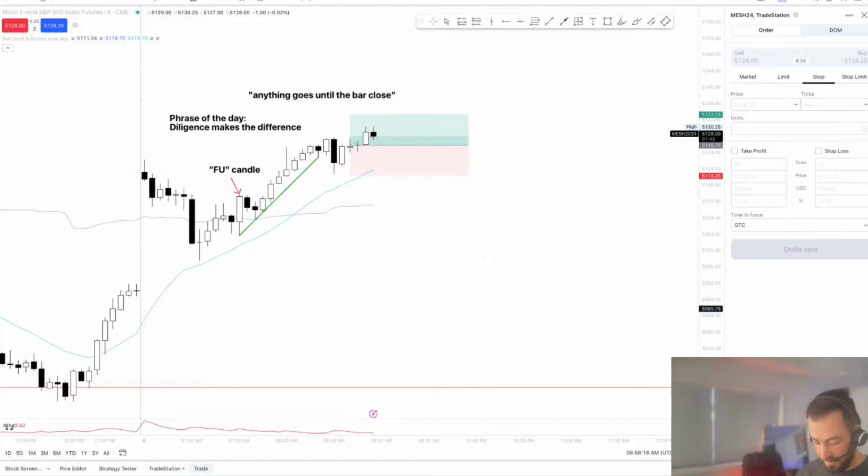Chat room rules. How do we do this? One.